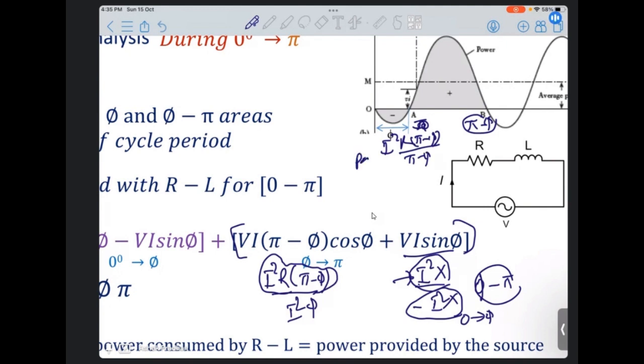So this P average is again I square R. So in this positive half, I square x is taken by the inductor, and the corresponding resistor takes I square R (pi minus phi). So I square R (pi minus phi) is the consumption by the resistor, and I square x is the corresponding power taken by the inductor in this case.